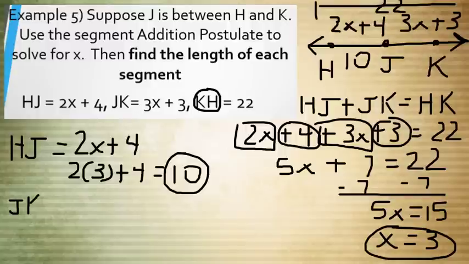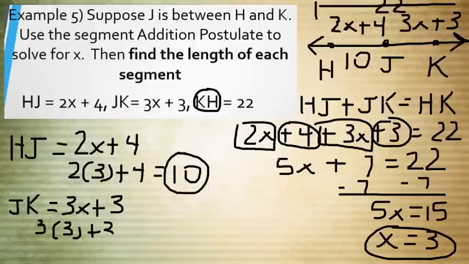We can just go ahead and plug that in. 3x plus 3. So 3 times 3 plus 3, so 9 plus 3 in other words, is 12. And again, we can check: 10 plus 12, piece plus piece, makes the entire thing, which is 22. And it makes sense.